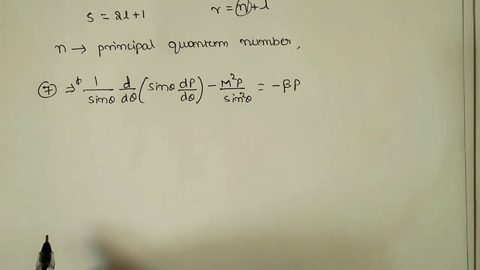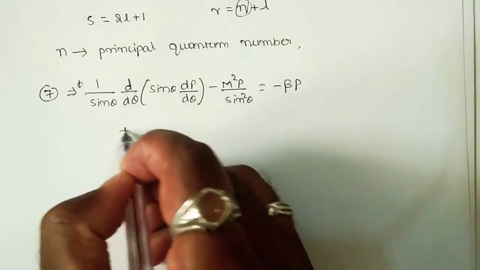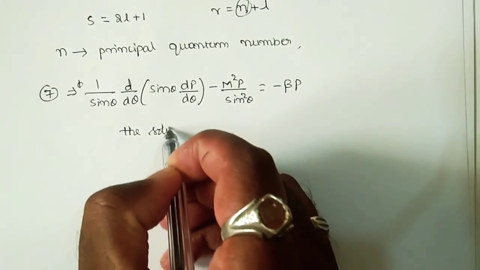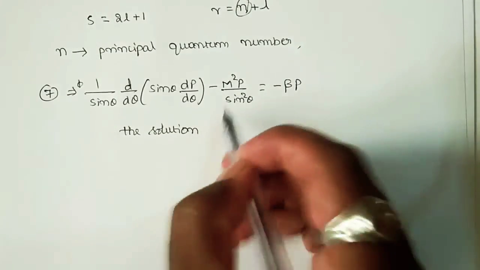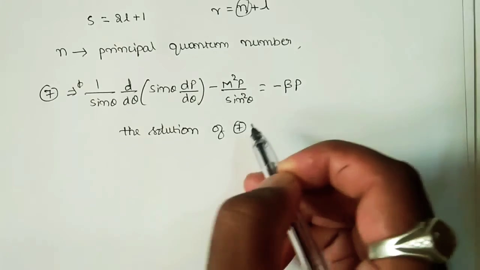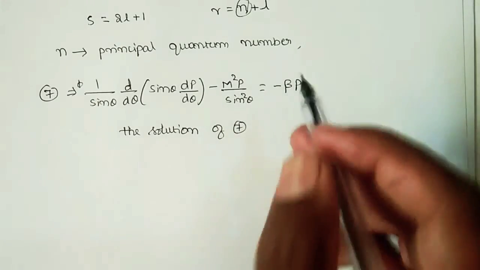If you solve this equation number 7, we'll be getting the solution. Once again, I'm not going into a detailed solution, so let me write the final solution of equation number 7.